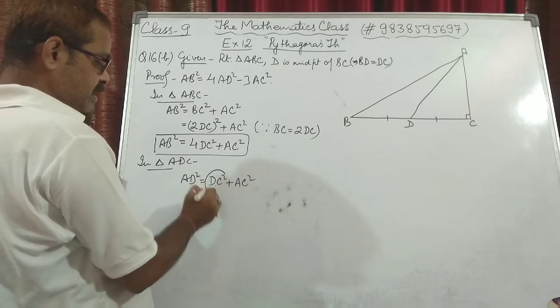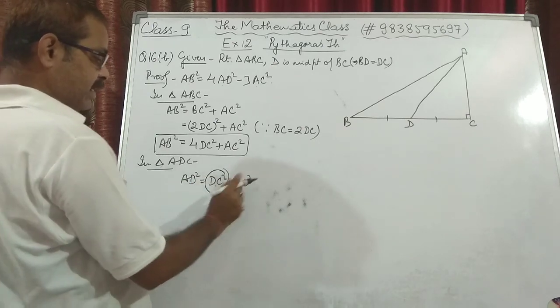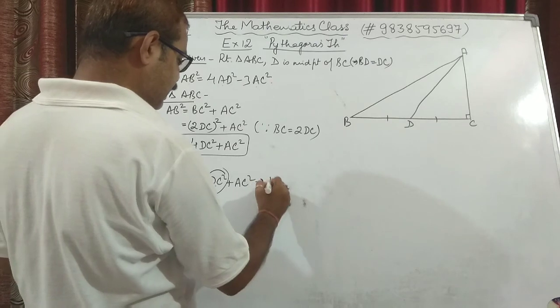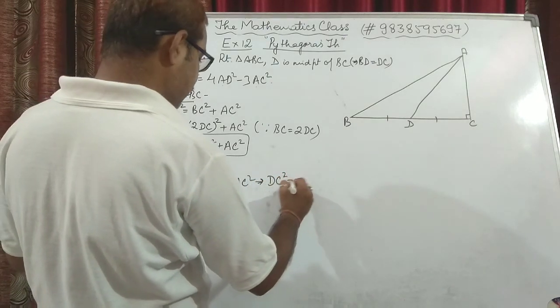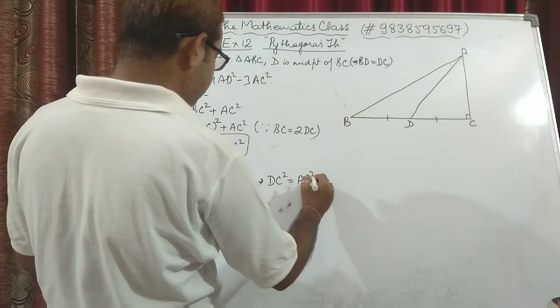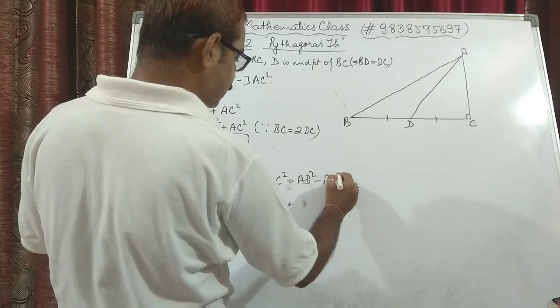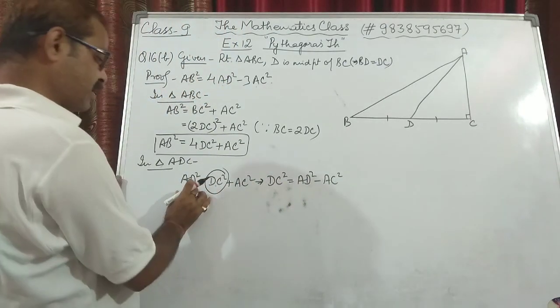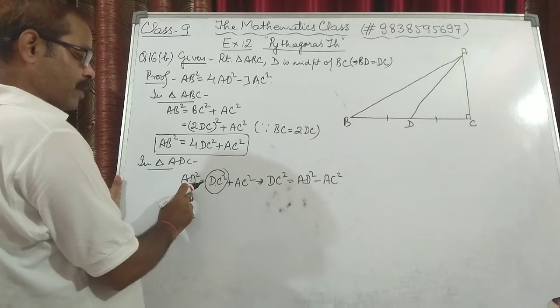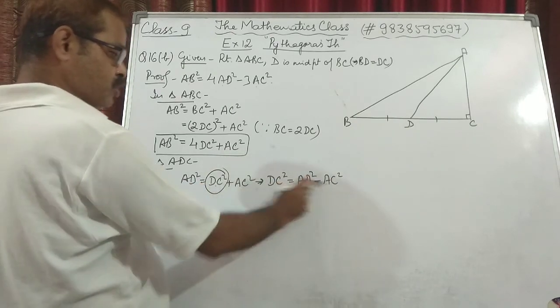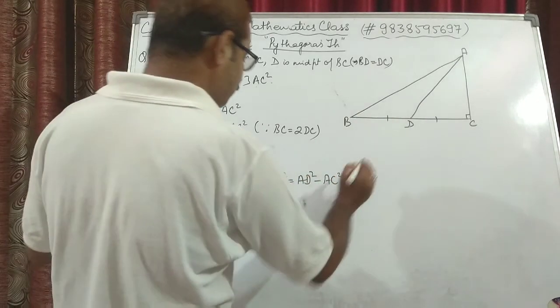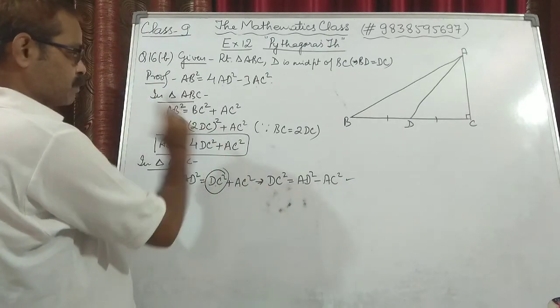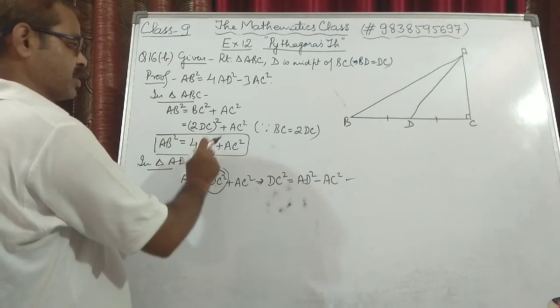So this DC can be written in the form of AD and AC, implies that DC square can be written as AD square minus AC square. AC square comes to the left hand side, it will become negative. So AD square minus AC square is equal to DC square. This we can use in the first equation.